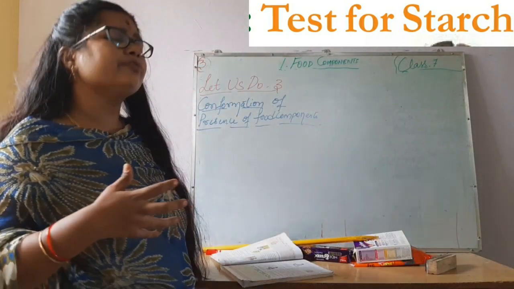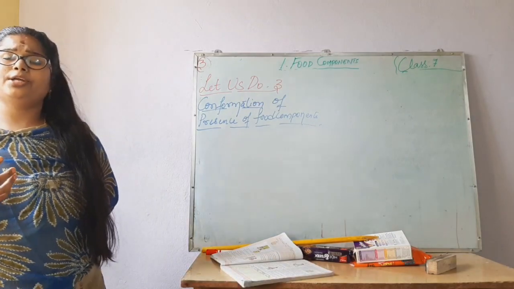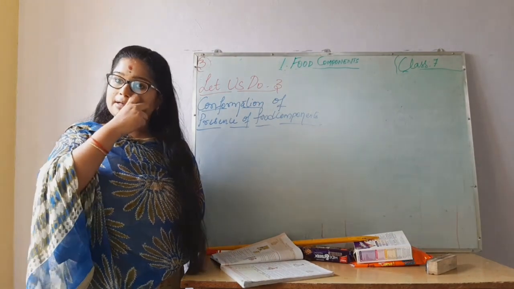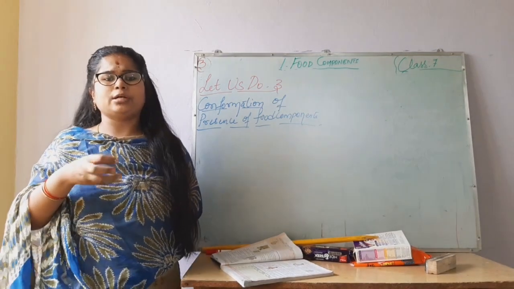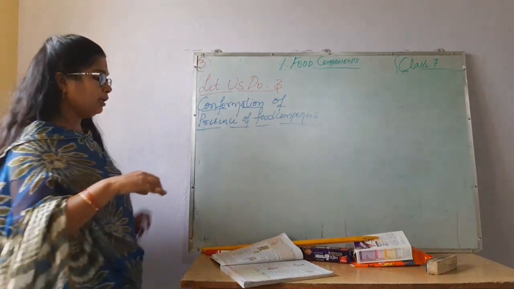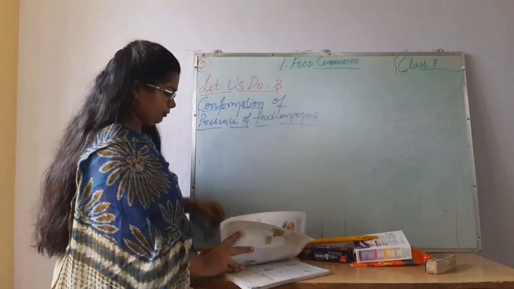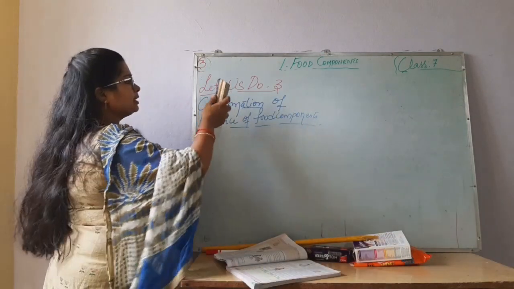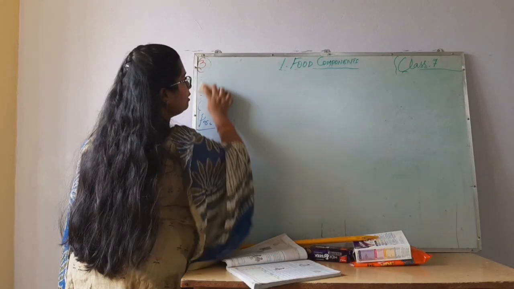See, you collect different types of food. You collect oil, rice, biscuits, curd, whatever you want. And we will test for the food components. Carbohydrates, proteins and fats are the main food components.